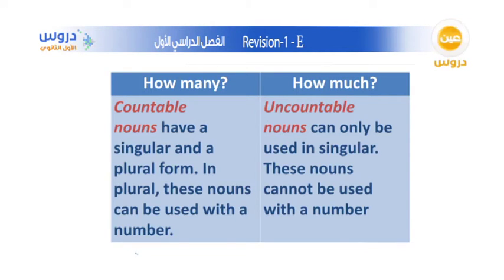Now, the use of a little and a few, often used with countable nouns and uncountable nouns, all right? A little and a few. And you have to make sure to get it here.